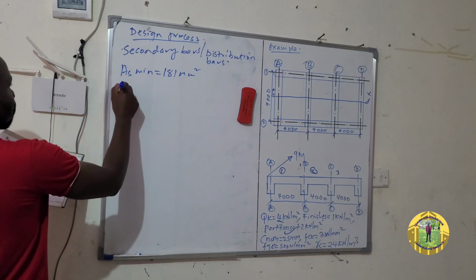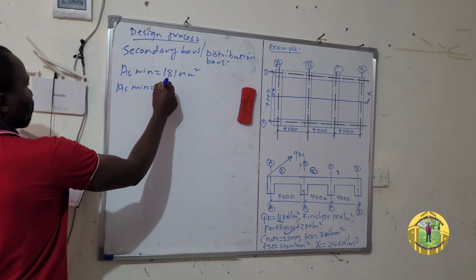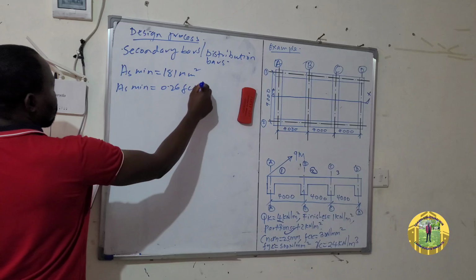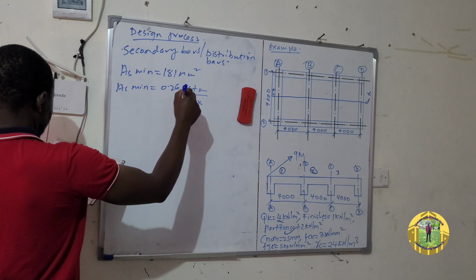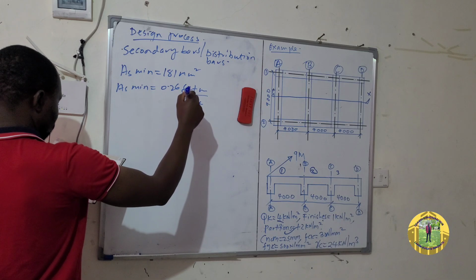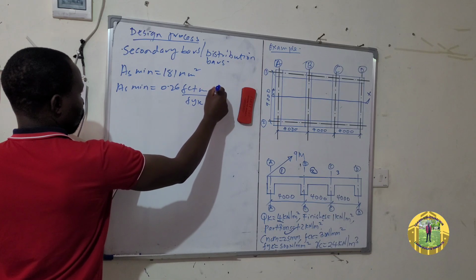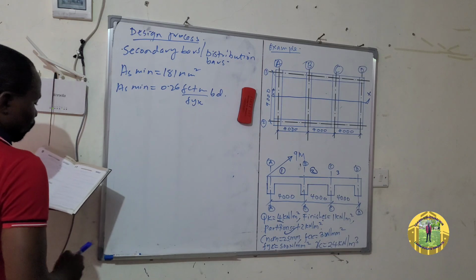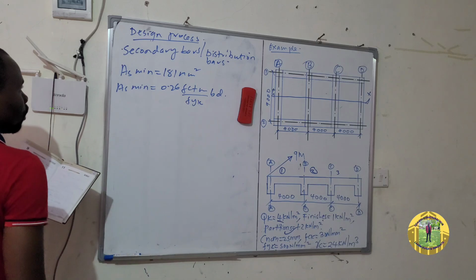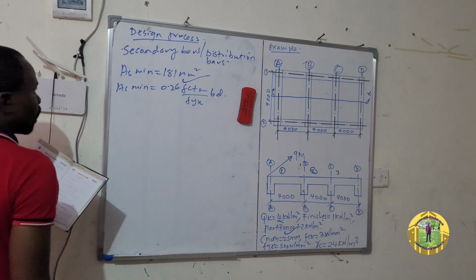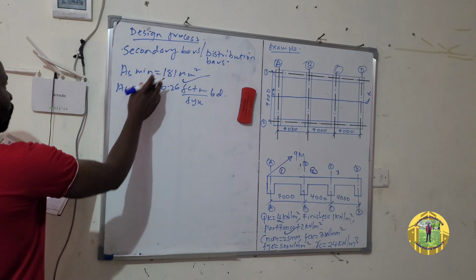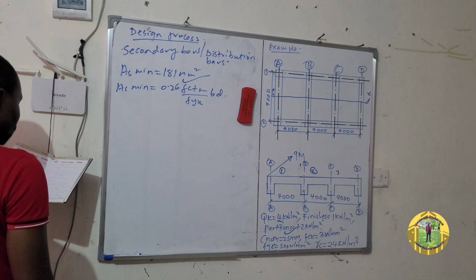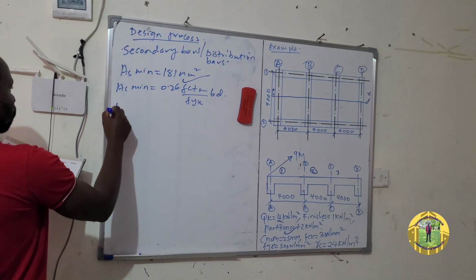Remember, area of steel minimum is given by this formula, 0.26 FCTM times BD, but we have already calculated it and got 181 millimeter square.